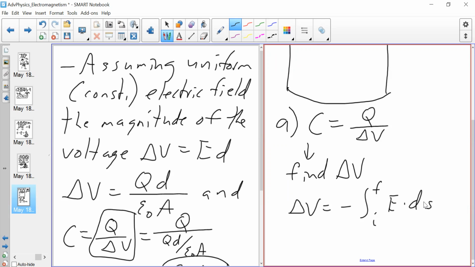There's an electric field that exists. So what we can do is use Gauss's law to get the value of the electric field in between those two capacitor plates.